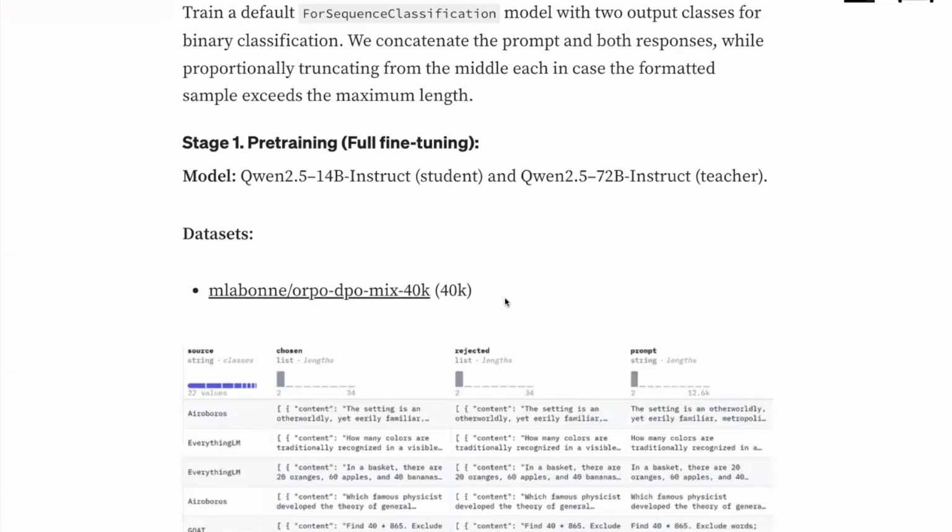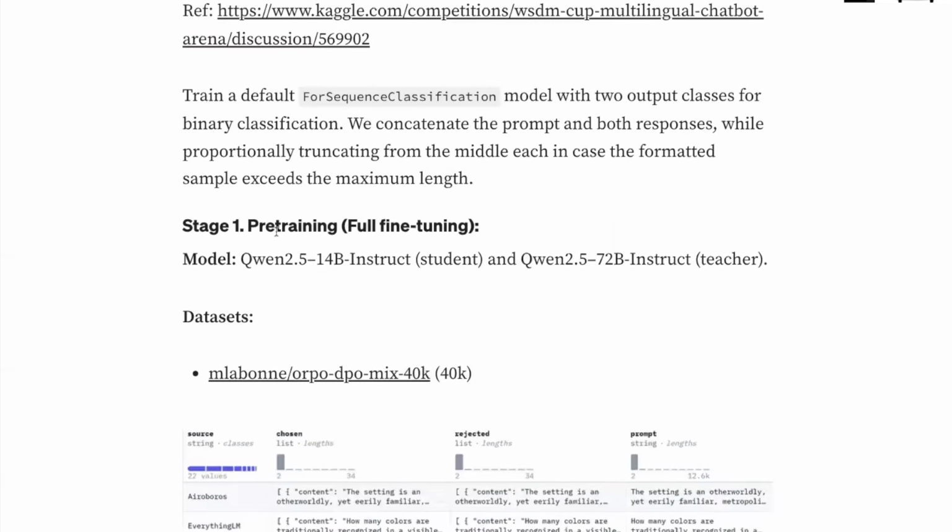There are several stages they put together. They do a pre-training, but it's not the classic unlabeled pre-training. It's still a full fine-tuning of the base model. They choose a student model and a teacher model. They do this because of the computing resources: the competition has a maximum 12-hour inference limit, so you cannot just upload a very big model or you will exceed the inference time.